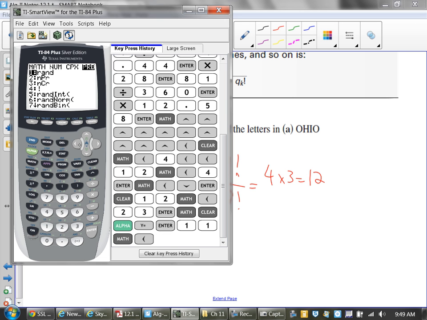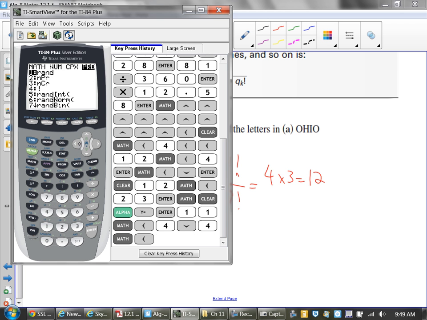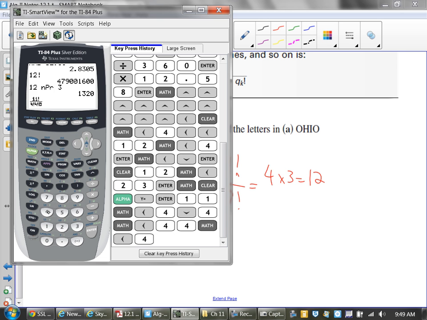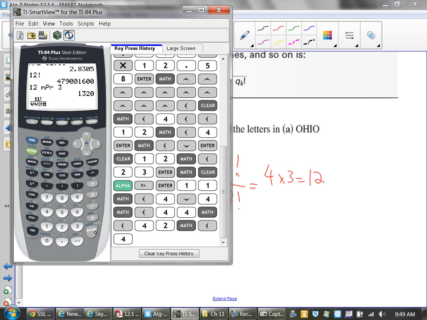You put it next to it, it's going to imply multiplication. Sometimes you need parentheses for a fraction, but in this case, with the factorial symbol, when you put them next to each other, it's showing multiplication.